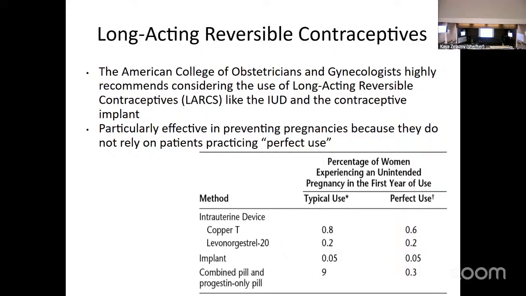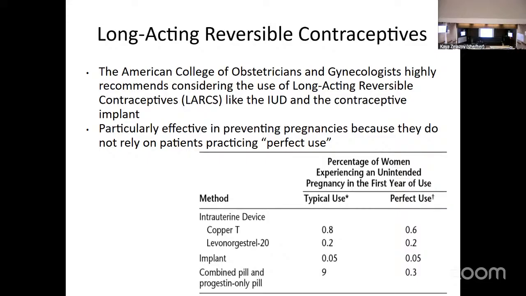These are currently the recommended first line contraceptive by the American College of Obstetricians and Gynecologists, because they're really effective and your patients don't have to be perfect in order to use them correctly.